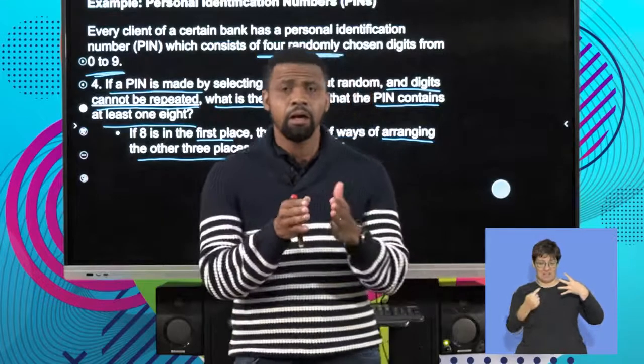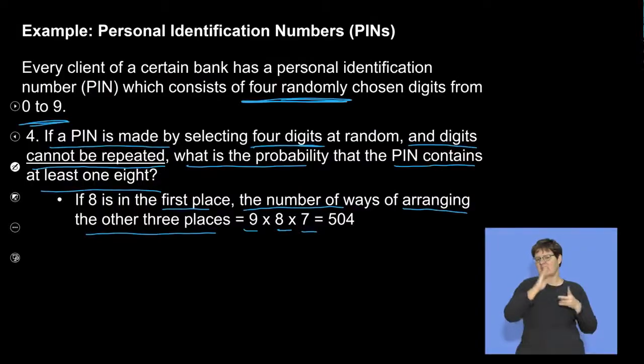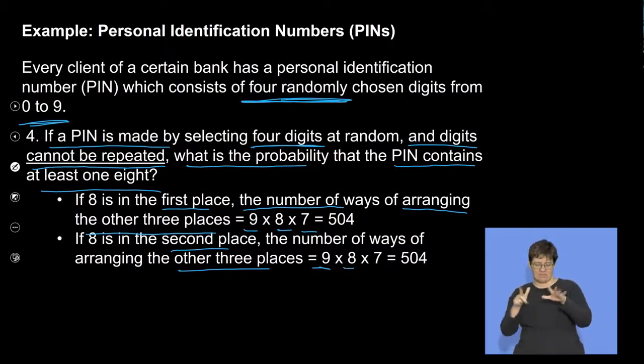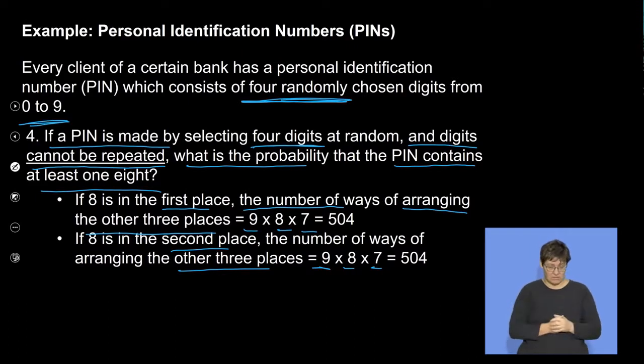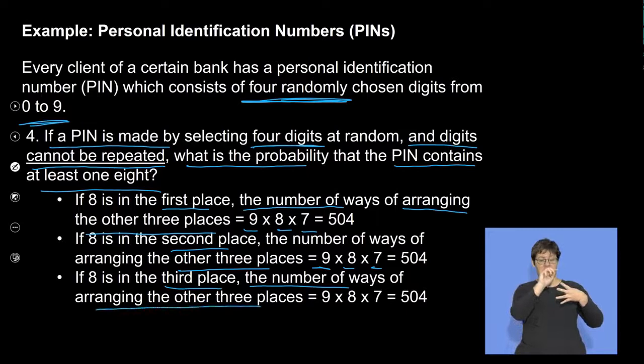Then we think about what if 8 is in the second position? If 8 is in the second place, the number of ways of arranging the other 3 places will still be 9 times 8 times 7, because we cannot repeat digits. Similarly, if 8 is in the third place, it will still be 9 times 8 times 7, which gives us 504.